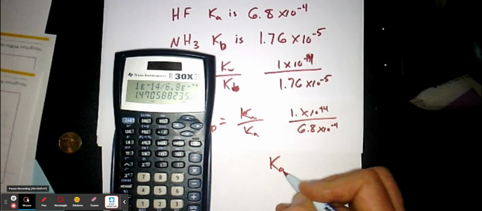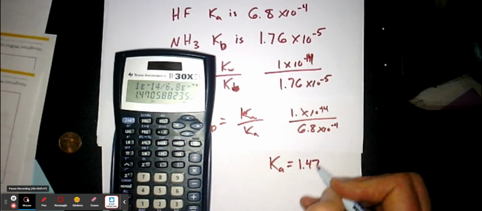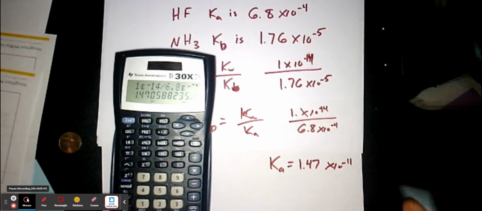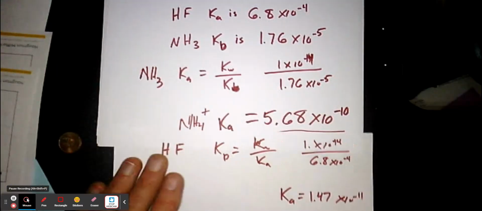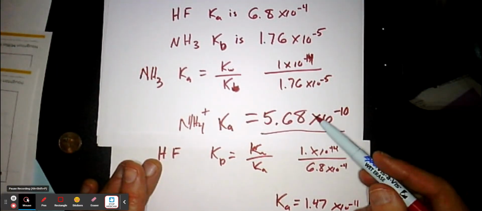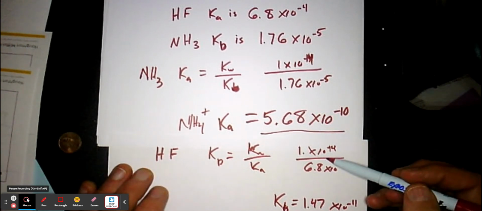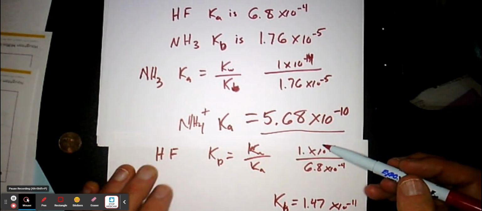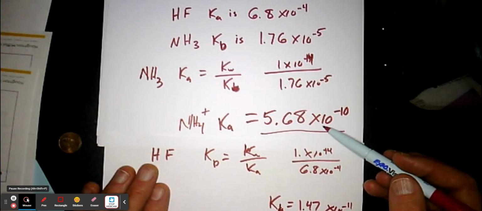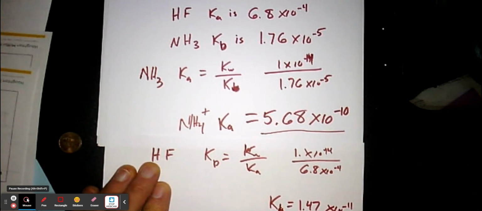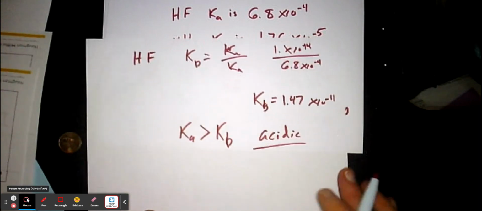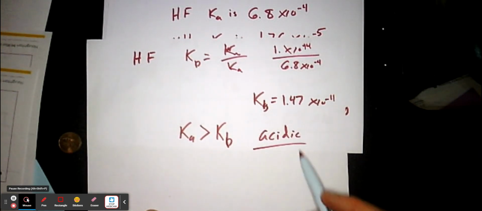My Ka is 1.47 times 10 to the negative 11th. Okay, which one's bigger? My Ka value is bigger than this Kb, therefore the solution would be acidic. Ka is bigger than Kb, acidic.